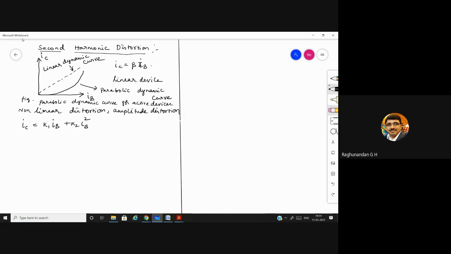K1 and K2 are constants, like beta is a constant. We are not mentioning it as beta, so we are taking it as some constant, known value. Here IB square indicates the current in the second iteration.